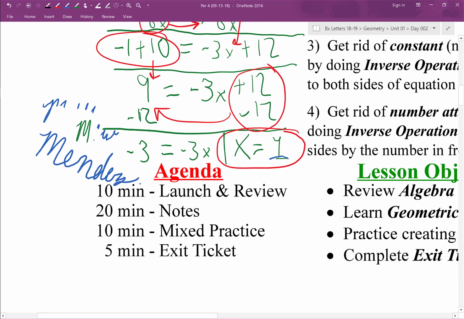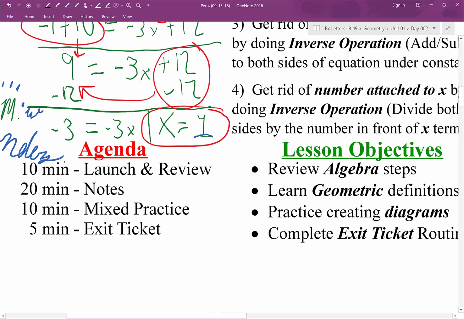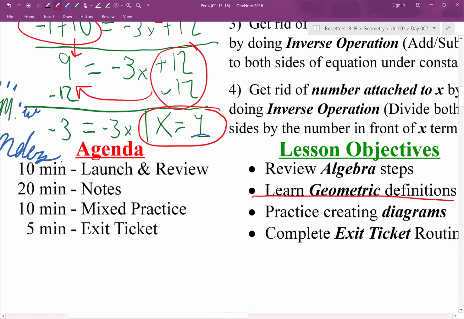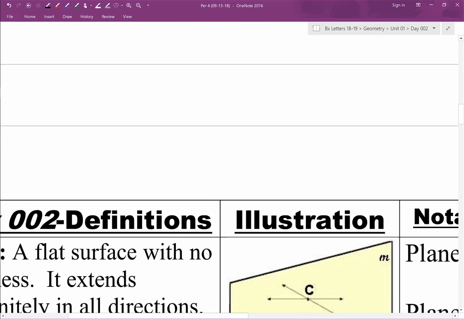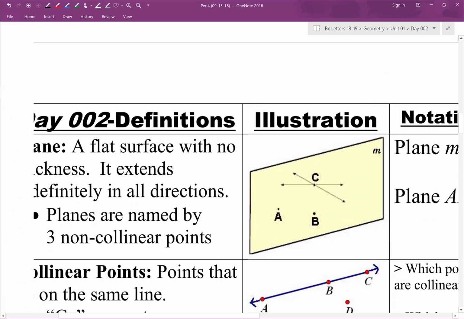Can you take out the notes from yesterday? We're going to pick up on note-taking. What they look like is this.